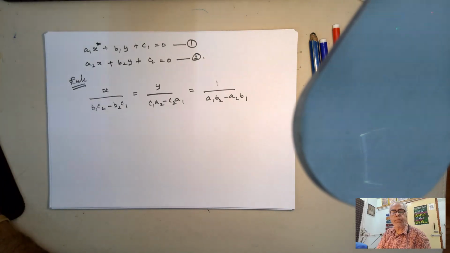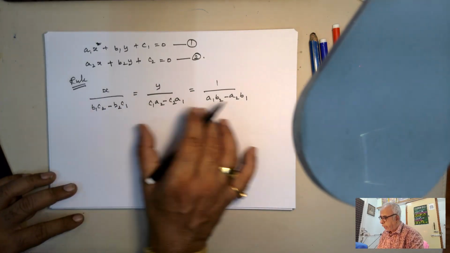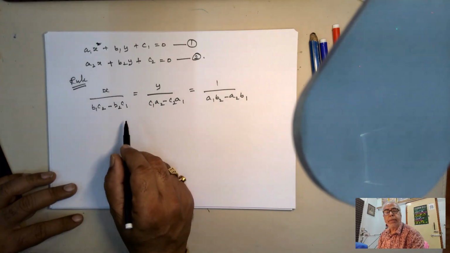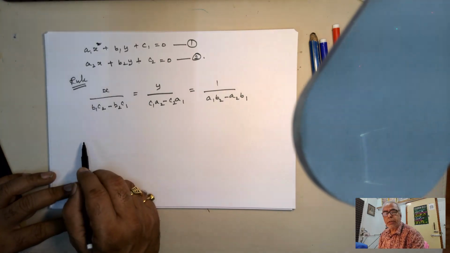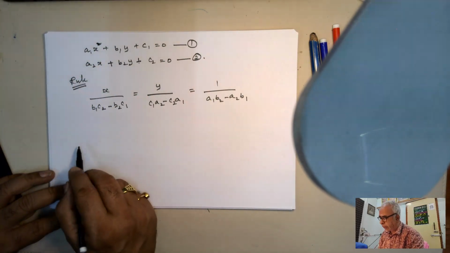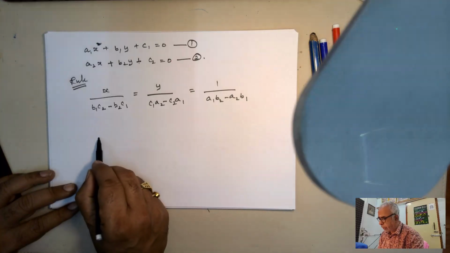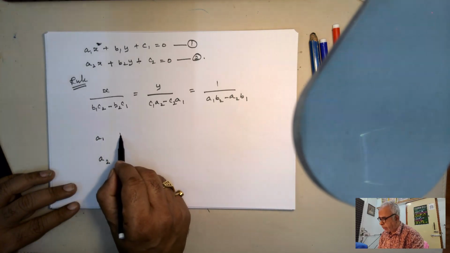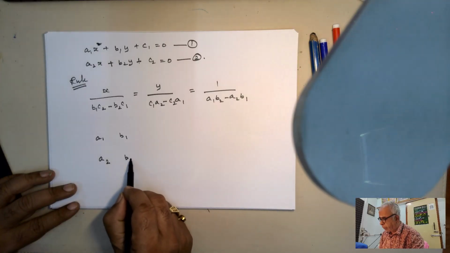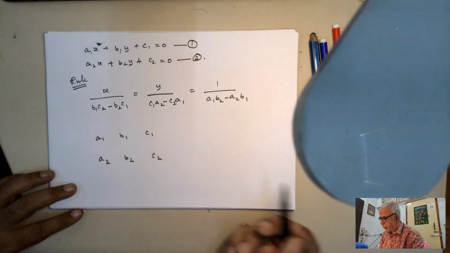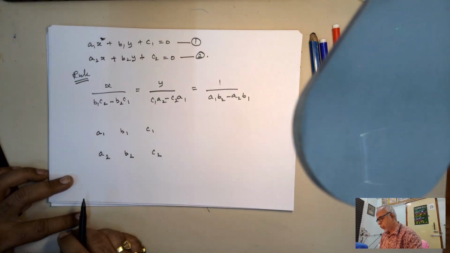Okay. Now, how can you get this? Let me explain. For example, let us consider only a1, b1, etc. So put a1, a2, then b1, b2, and then c1, c2, right?